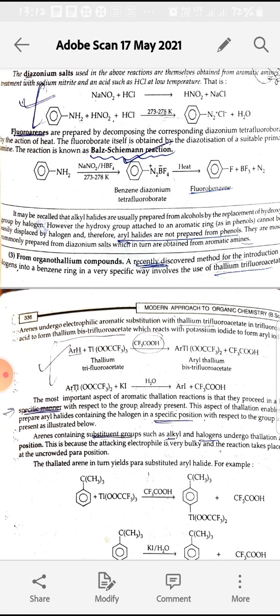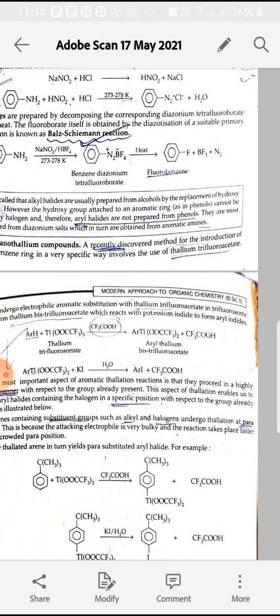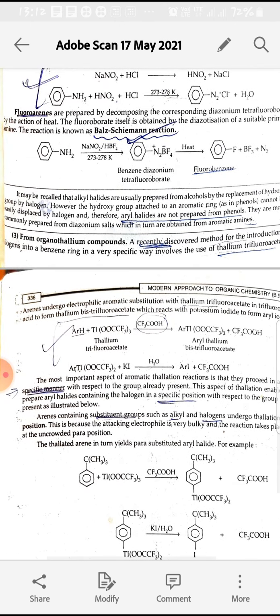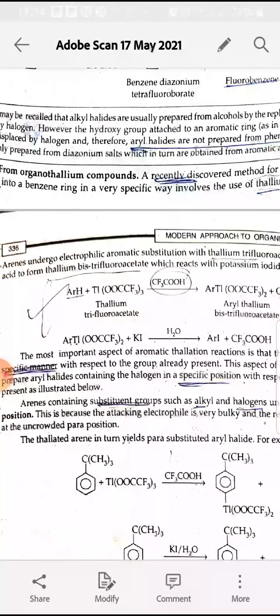Next, third method is from organothallium compounds. In organothallium compounds, we use thallium trifluoroacetate. What is the formula of thallium trifluoroacetate?